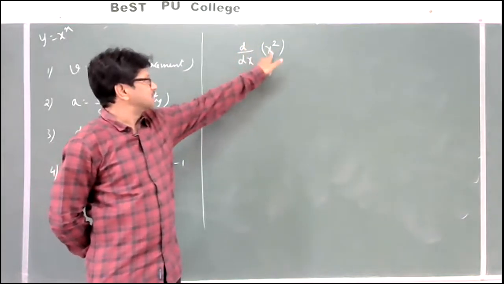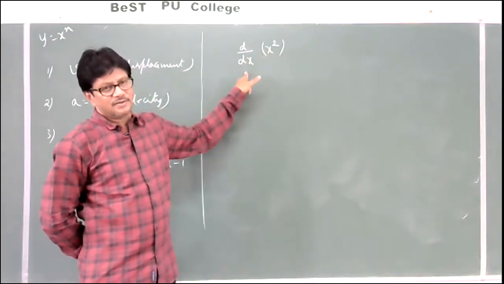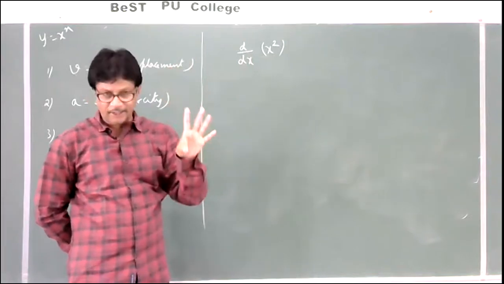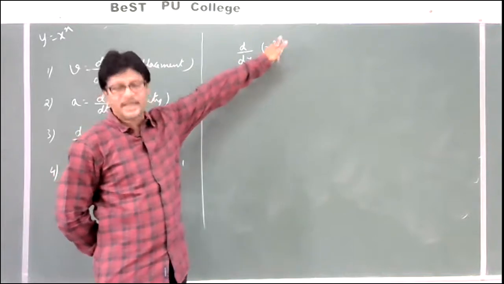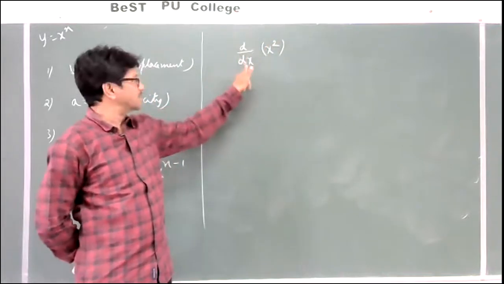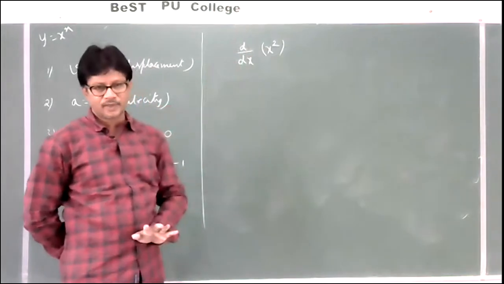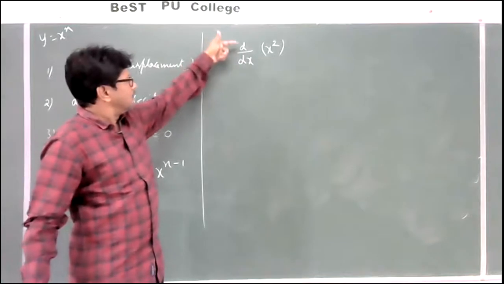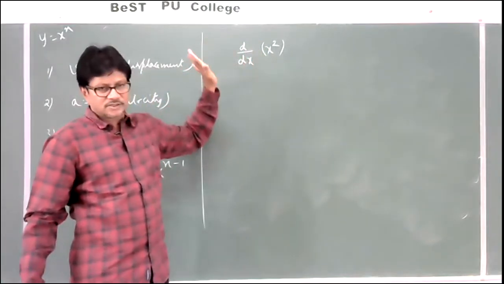What we are doing is finding the slope of a curve. That curve varies as x square, that is, as the x value changes, the y value changes as x square. That's all. How do we call it? Differentiate x square with respect to x.